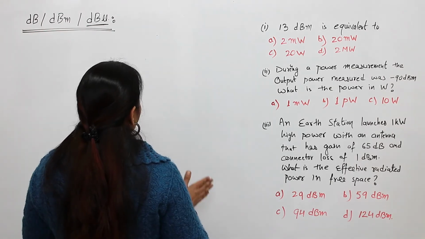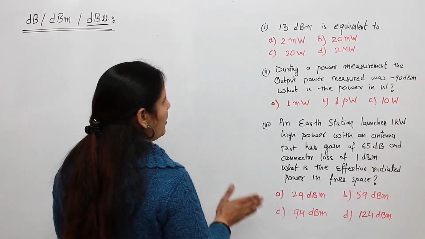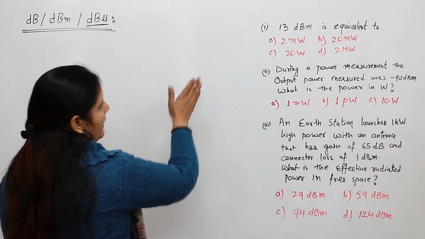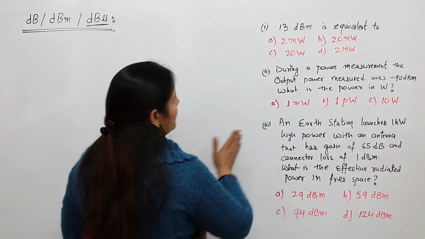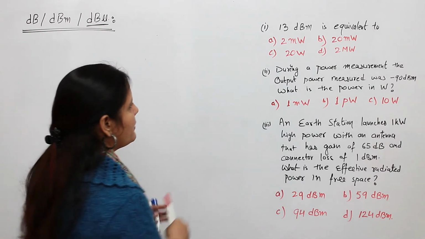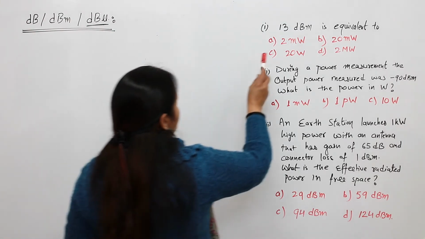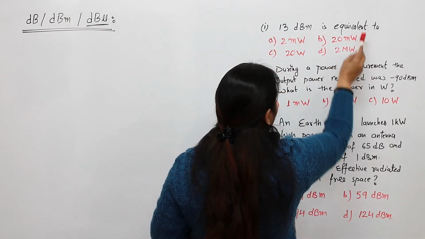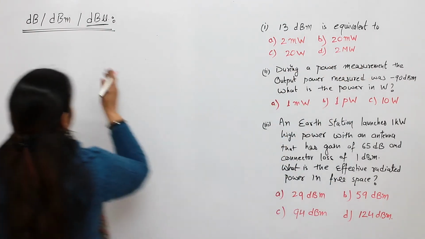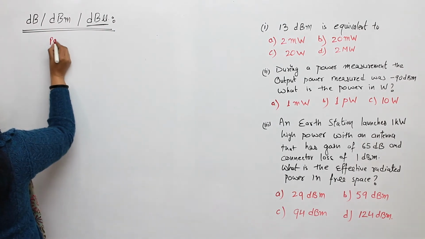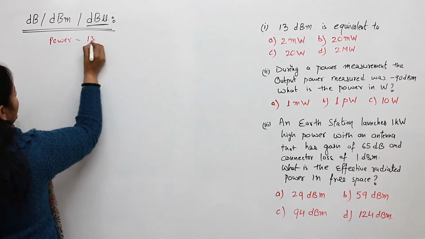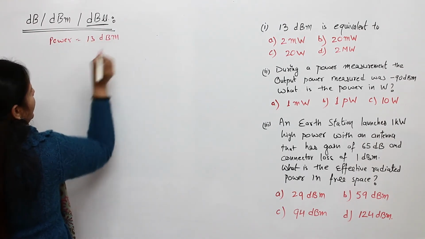For a better understanding of how a numerical problem will be formed and how you have to solve it, we will look at some examples from previous years' engineering services examinations. These problems are selected from last year's question paper. The first question says 13 dBm is equivalent to, and you have to represent the power. So power equals 13 dBm.